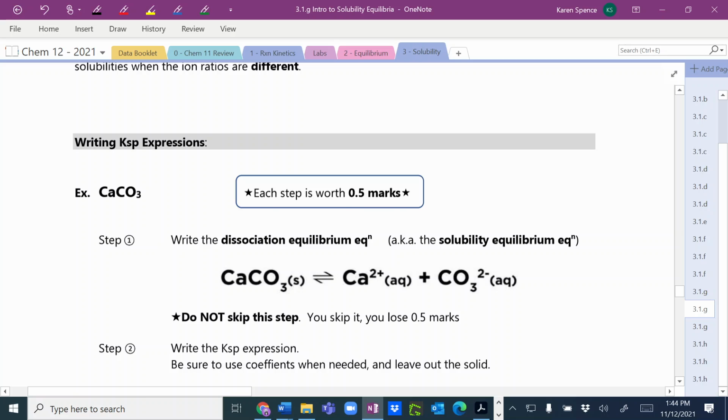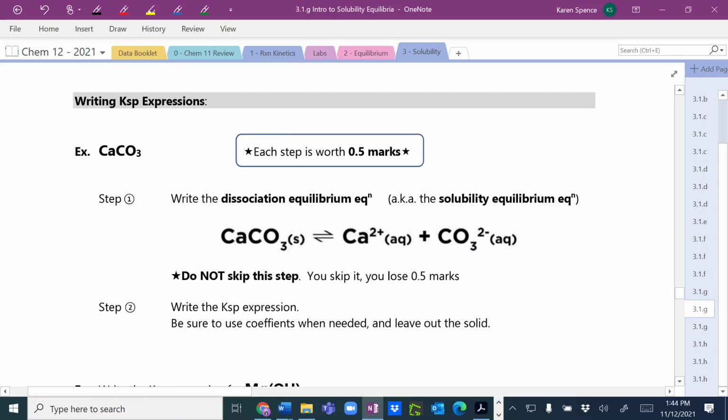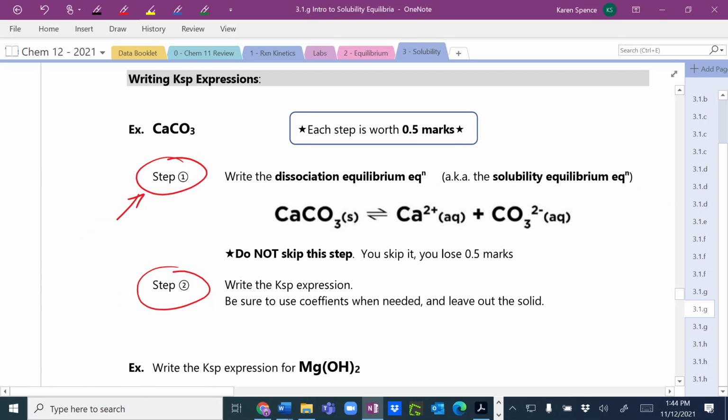Writing the KSP expressions. The biggest thing here is that there are 2 steps. Many students forget step 1 and lose a half a mark.